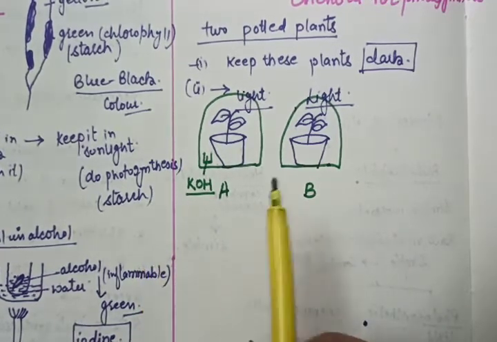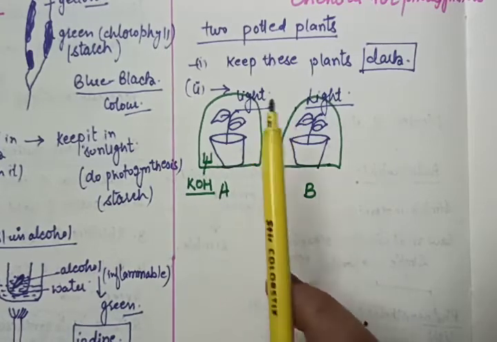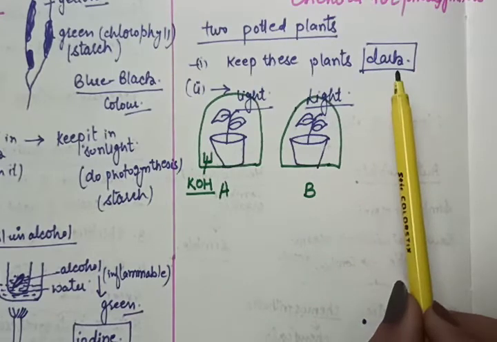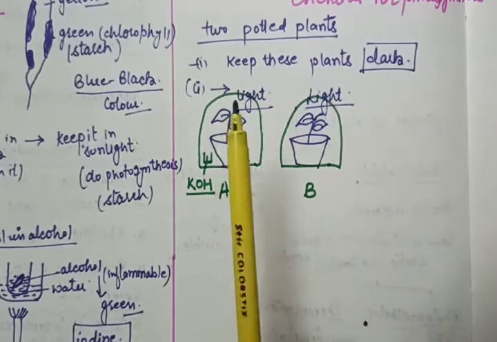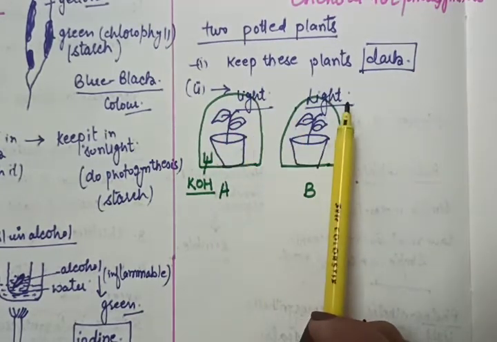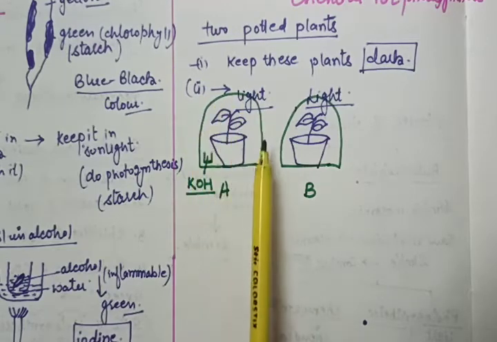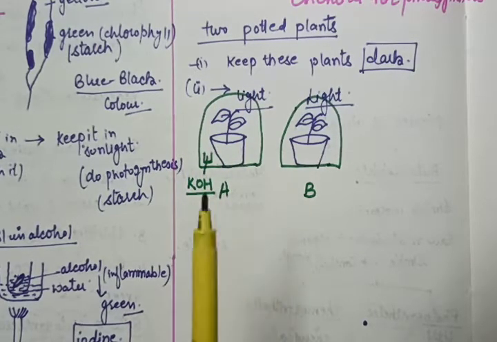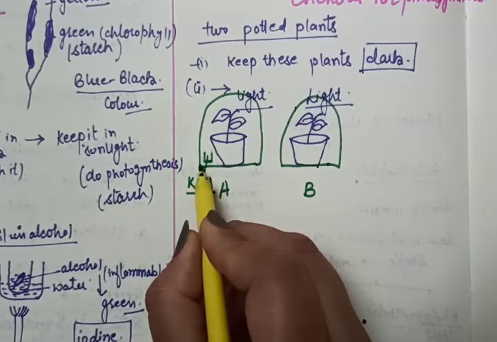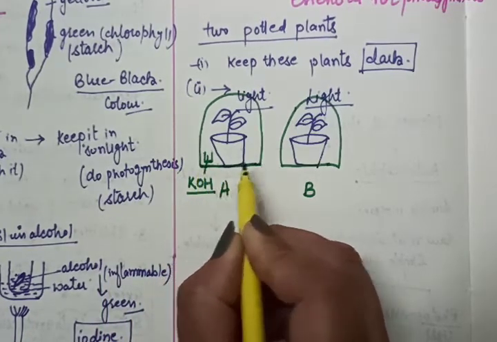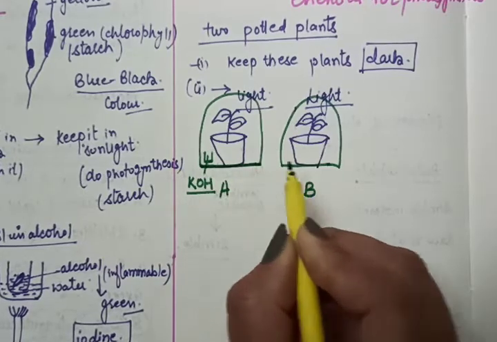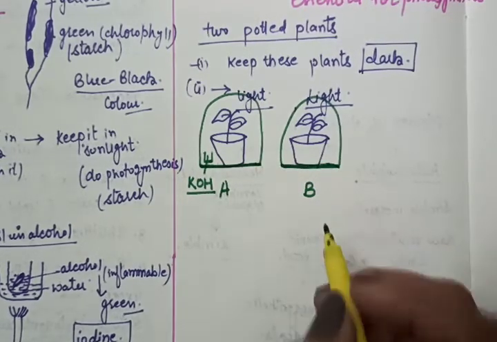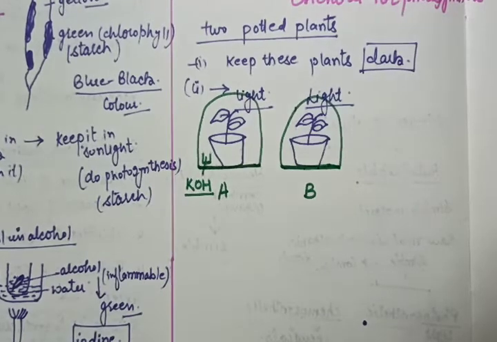First, just listen to the activity carefully. First, we will take two potted plants, keep them in dark to de-starch them. Then keep both the plants in light but cover them with a bell jar. Now, where the gaps are there, you put some adhesive solution or apply some Vaseline so that it will become airtight.